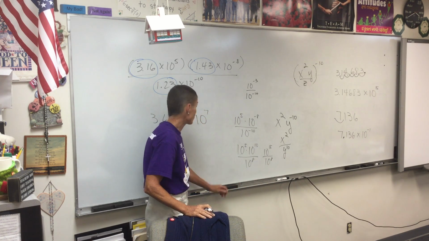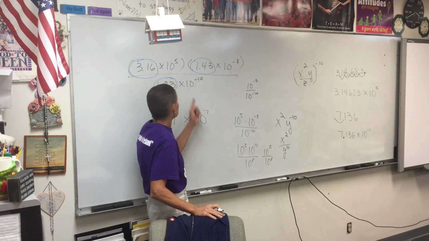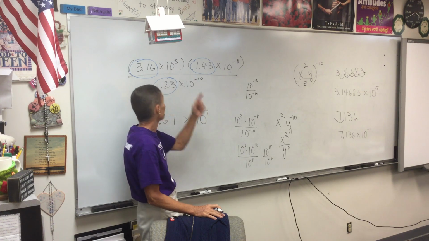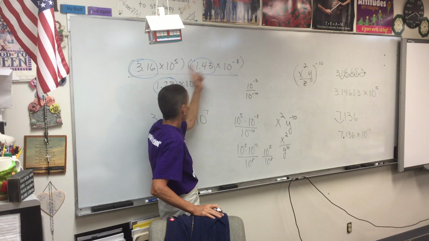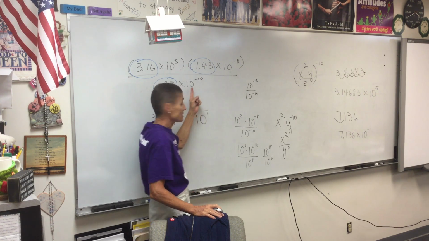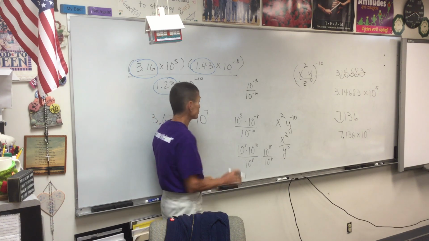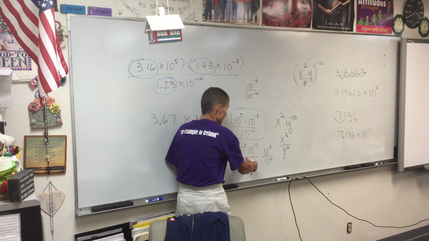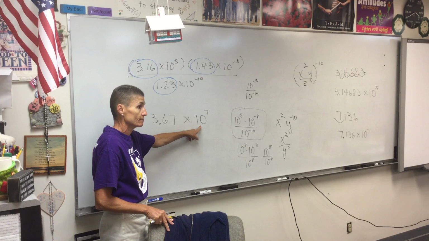When that cancels, what will it leave you with? 10 to the 7th. So if the way we did it the first time confused you, where we took these two and added them, 5 and negative 8, and we subtracted this one because it was being divided, then just do it like we've been doing it. Negative exponents get moved and combine and cancel, and you're going to get 10 to the 7th.